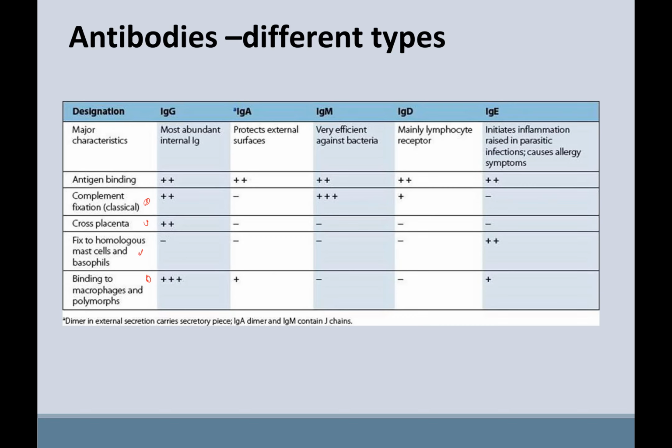Some work with the mast cells. They all bind antigens, so they're all specific, but they're produced in response to different types of foreignness, allergies, bacteria, or they're located in different parts of your body.